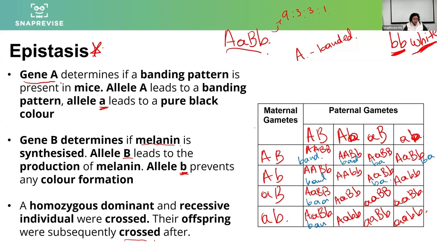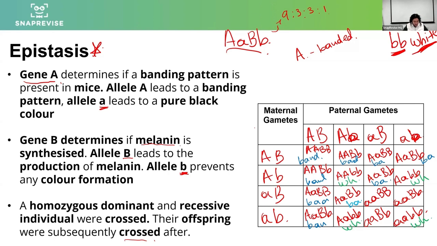We are also, though, going to have, let's go for green. This individual is going to be white because no melanin. This will be white, and this will be white, and this will be white because there's no melanin. Finally, sorry, I missed one banded. Here, banded.